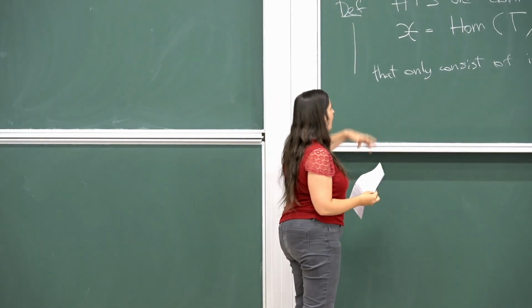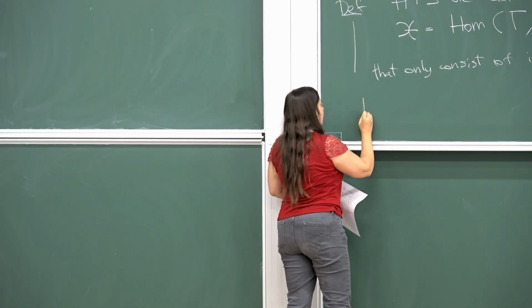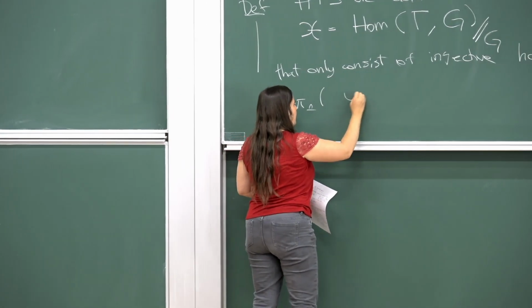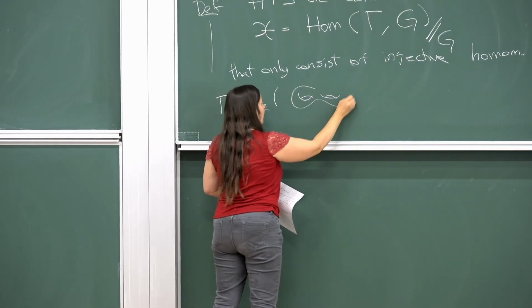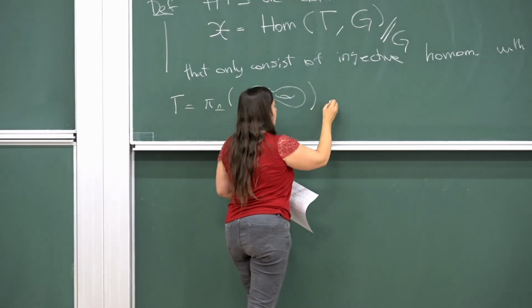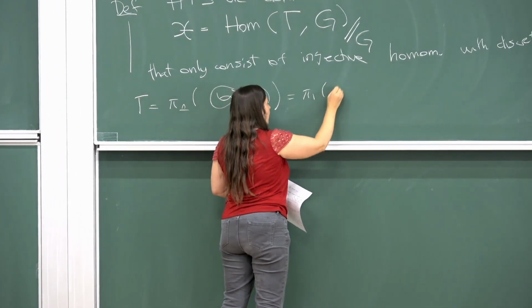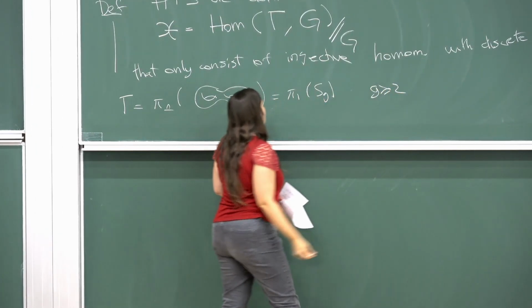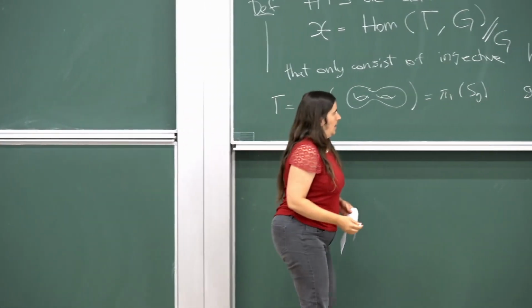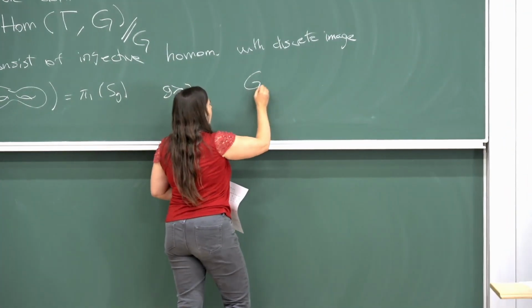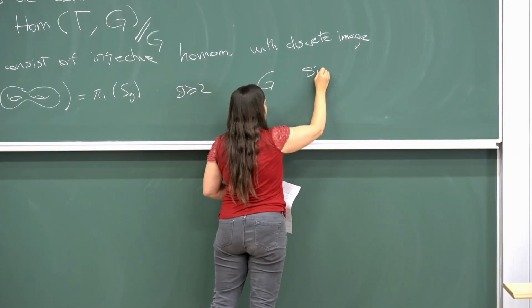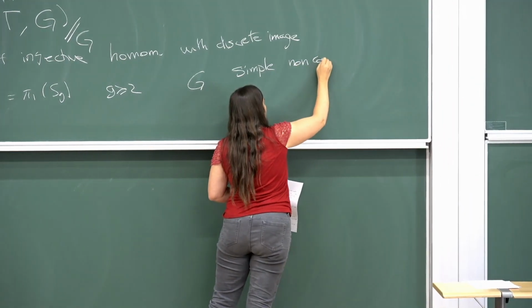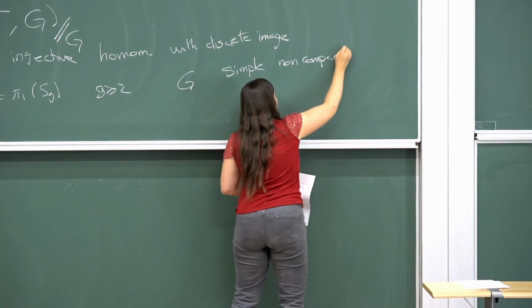And here, I need to tell you a little bit more. Here, gamma is the fundamental group of a higher genus surface. I'll draw a genus 2, but any genus, so the topological surface of genus at least 2. And G is a simple, non-compact Lie group.